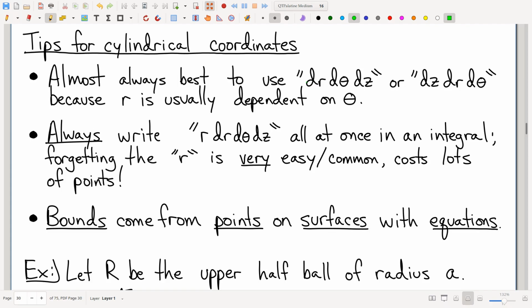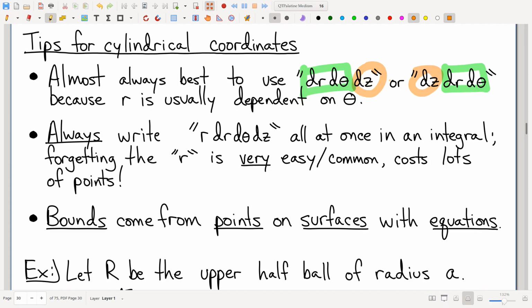Said differently, I've never seen an instance in which it costs you anything to just keep your dr and your d theta together and in that order. And then the only question you should ask is whether you want dz on the outside or dz on the inside. If you keep it simple, don't overcomplicate this. Just look at these two options. I don't think that will ever give you a disadvantage of any significance at all.